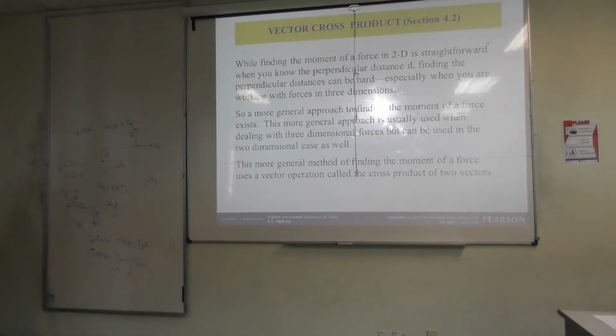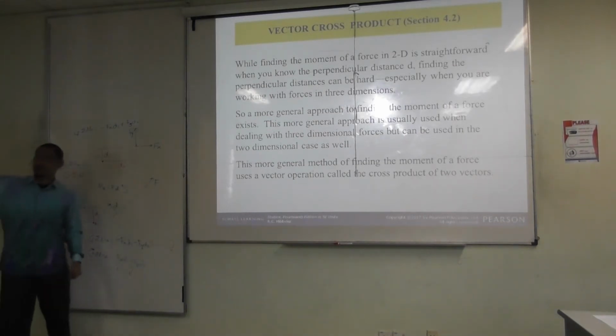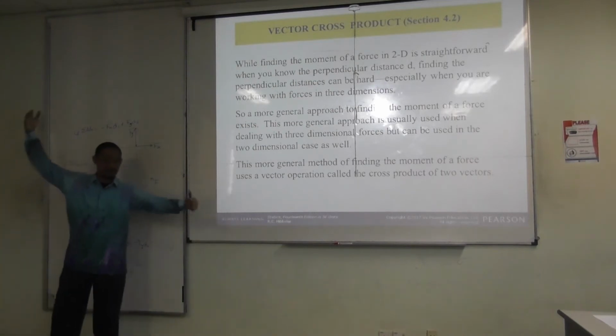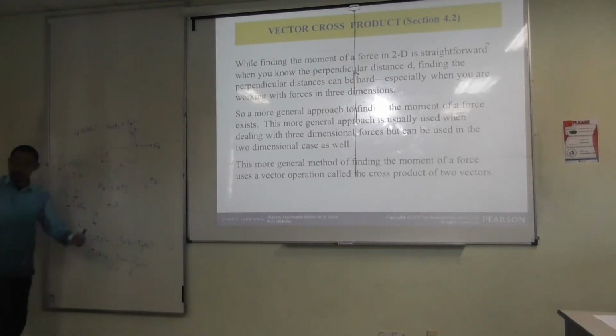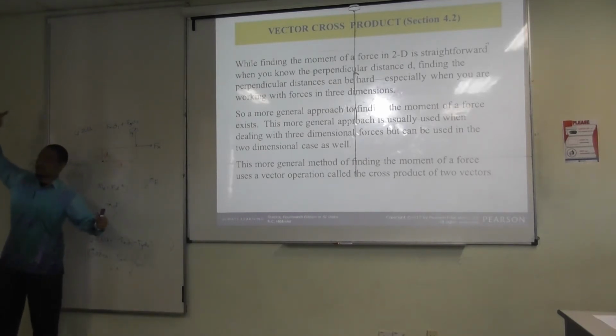So basically, what we have discussed here we can still easily do in 2D, but in 3D, for example, if you have a force like this, and then we have a point somewhere there, getting the actual perpendicular distance will be much more difficult, right? And even if you resolve x, y, z, the perpendicular distance is still quite difficult.